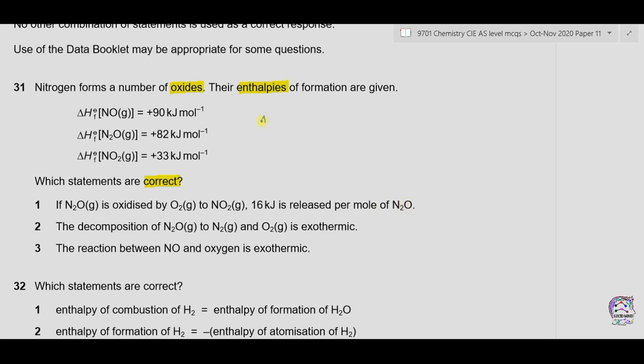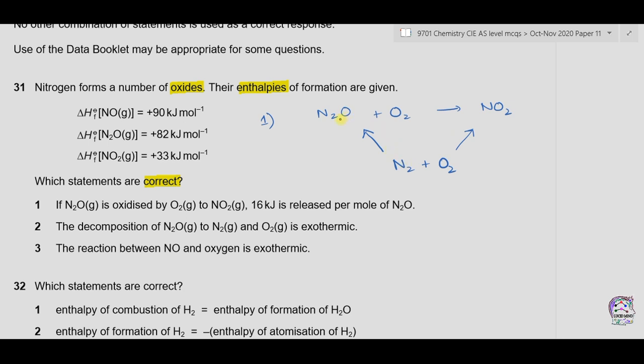We can solve this by writing an equation. N2O reacts with oxygen and forms NO2. The elements present are nitrogen and oxygen. So the elements combine to form the reactants, or the elements can directly form the product, which is NO2. Let's balance.